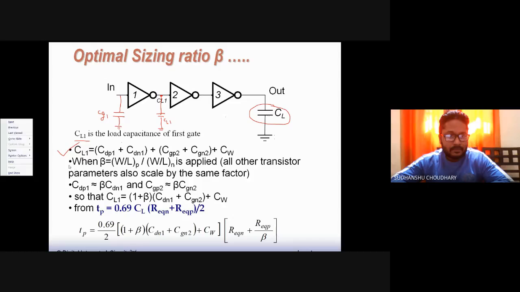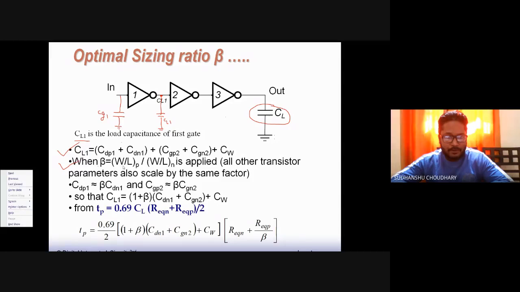Now, when beta, that is the sizing ratio WP by WN, is applied, all other transistor parameters also scale by the same factor. We understood earlier yesterday that when you increase W, the resistance of course comes down, but the capacitance also goes up.